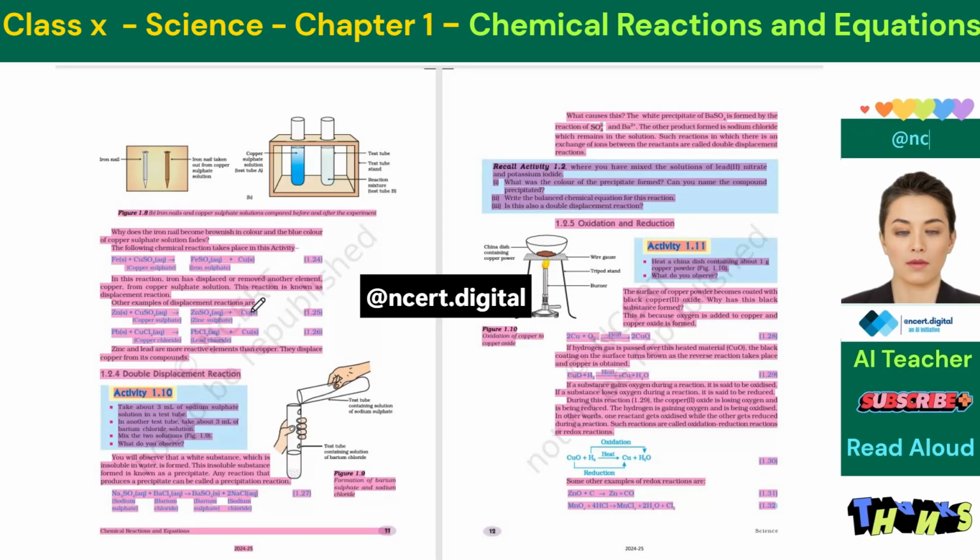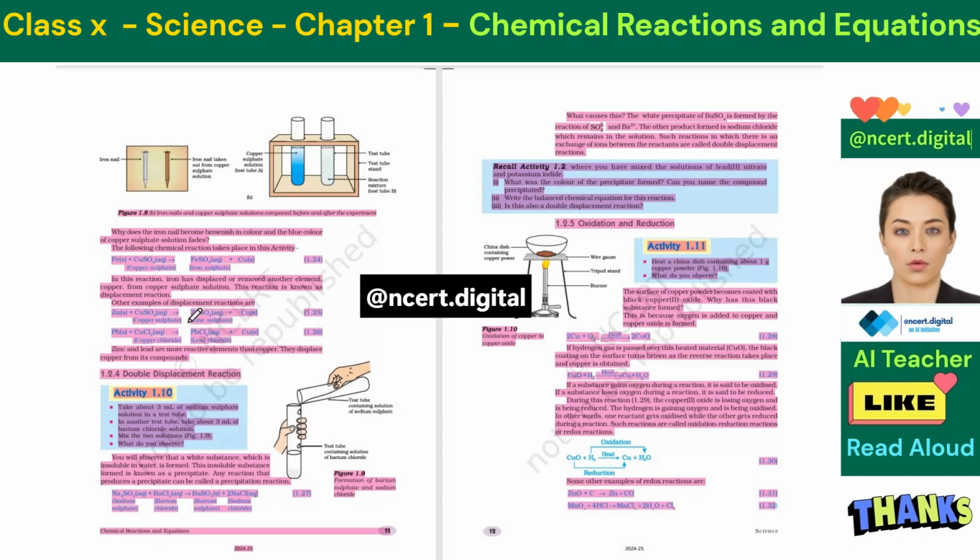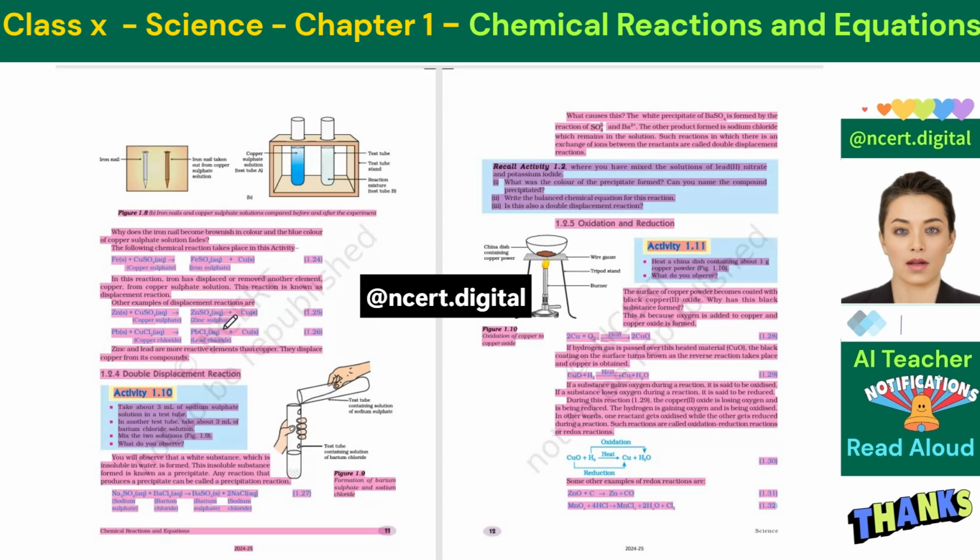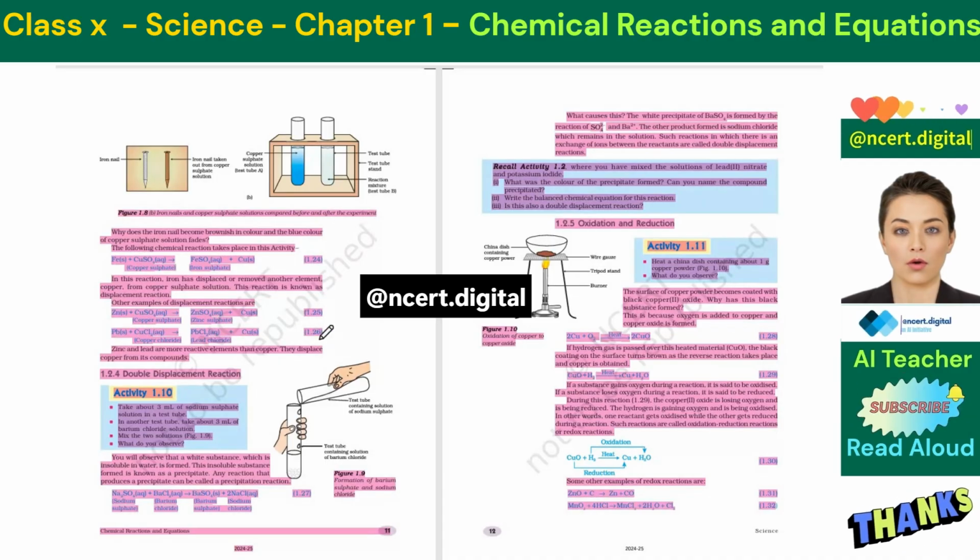Other examples of displacement reactions are Zn(s) + CuSO4(aq) → ZnSO4(aq) + Cu(s) (1.25) and Pb(s) + CuCl2(aq) → PbCl2(aq) + Cu(s) (1.26).